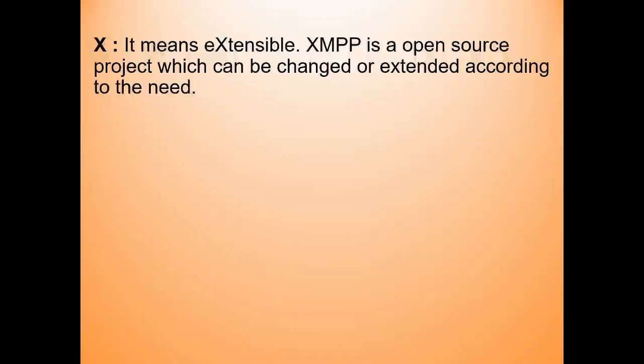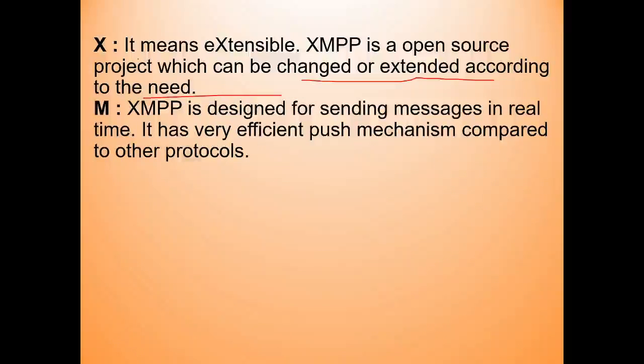X means extensible, and it is an open source project which can be changed or extended according to the need. You can use it for your applications and change it according to your needs. Next, M is designed for sending messages in real time, and it has a very efficient push mechanism compared to other protocols.